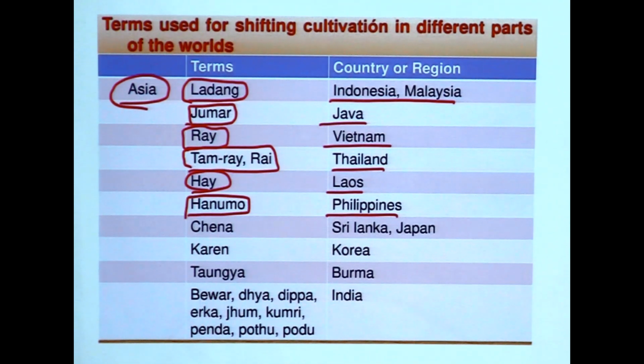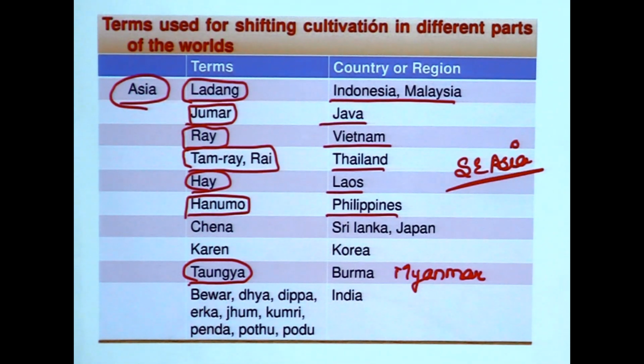Which area have we covered? And you can take on the Tongia of Myanmar as well. So which area have we covered? We have covered Southeast Asia. In Southeast Asia, there are different names with which we apply the shifting agriculture or slash and burn agriculture. If I take other locations, like I have got Japan and Korea mentioned, so it is East Asia.